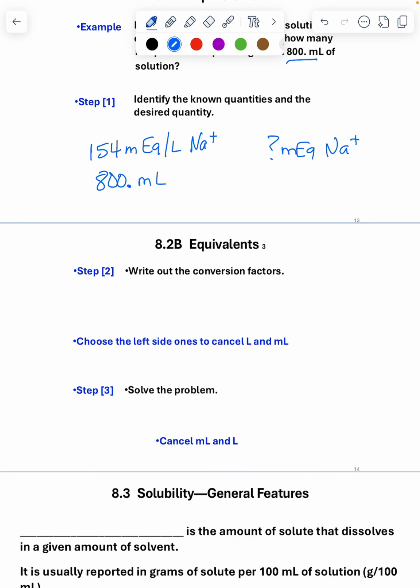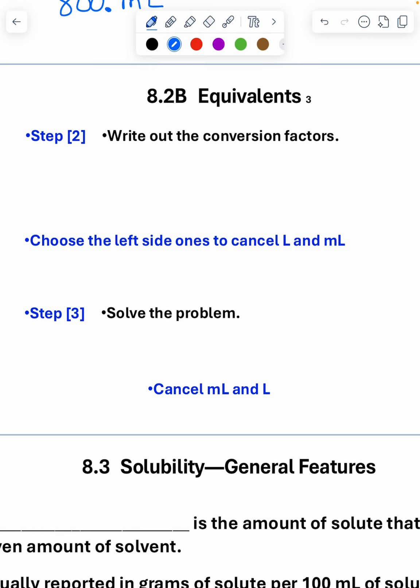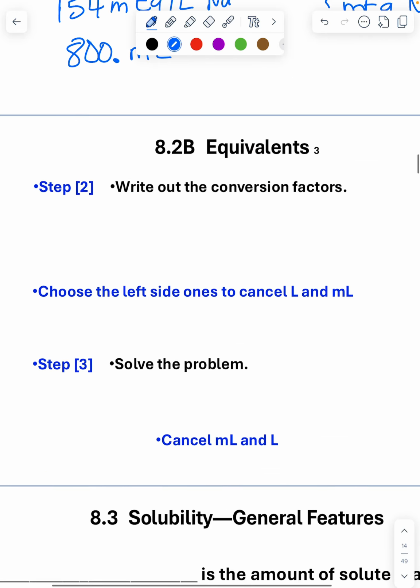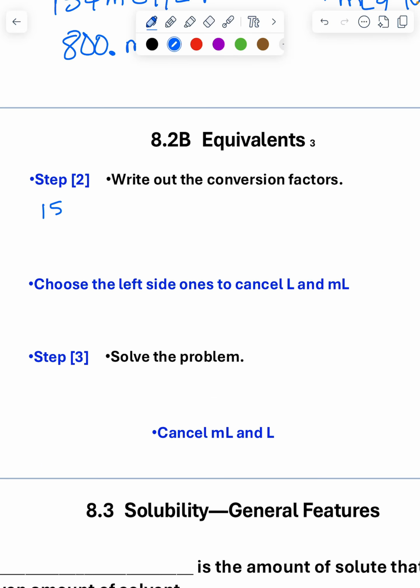We know that we have 154 milliequivalents of sodium in 1 liter. Or we could reverse that. We could put 1 liter on top and 154 milliequivalents on the bottom. So here's 2 possibilities here.